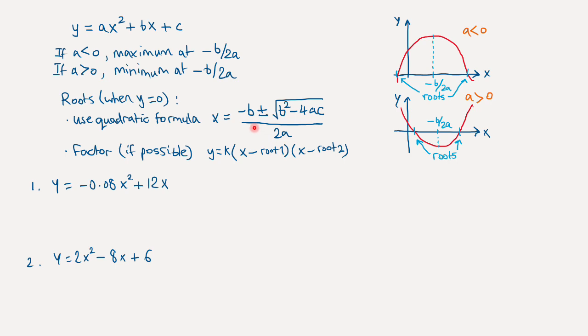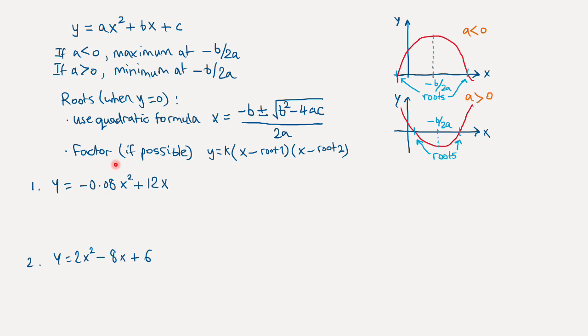That's going to give you two values as long as b squared minus 4ac is non-negative, and so one value will be minus b minus that square root over 2a, and the other value will be minus b plus that square root divided by 2a.